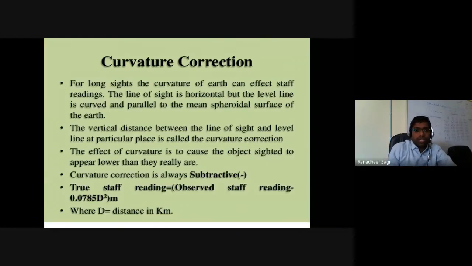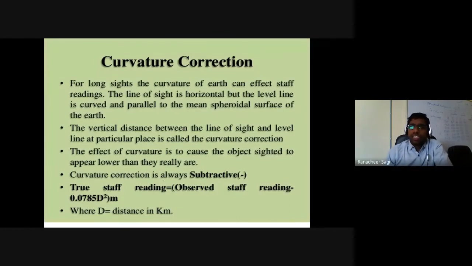So let us understand. For long sights, the curvature of earth can affect the staff readings. The line of sight is horizontal, but the level line is curved and parallel to the mean spheroidal surface of the earth, okay? So the line of sight is horizontal, but the level line is curved, and it is parallel to your geoid or mean spheroidal surface of the earth.